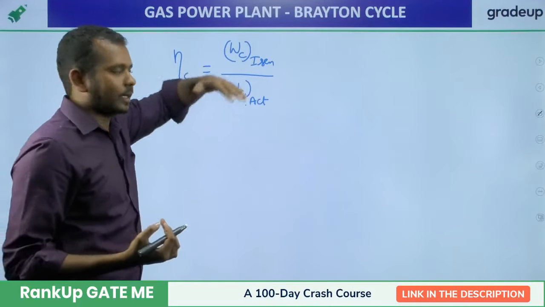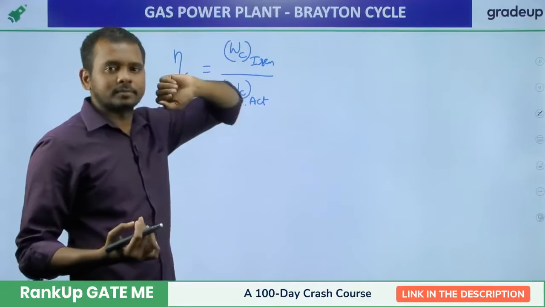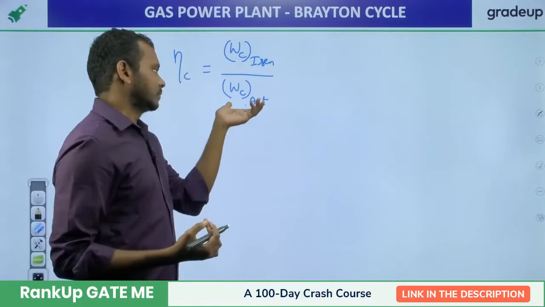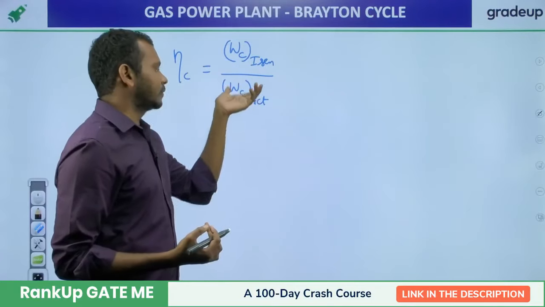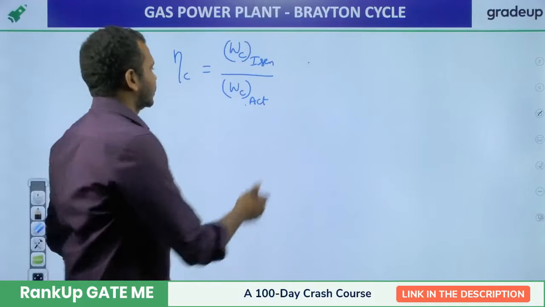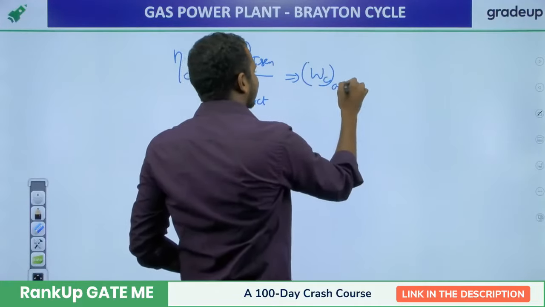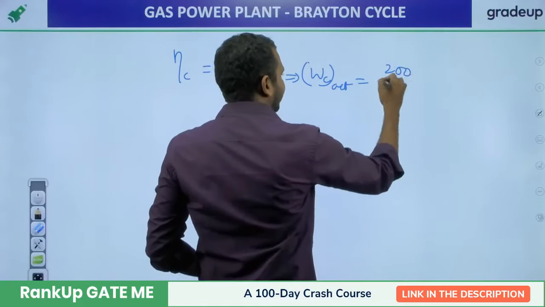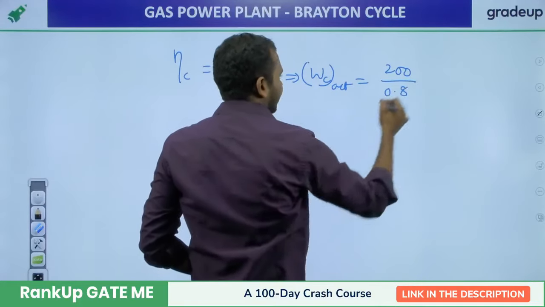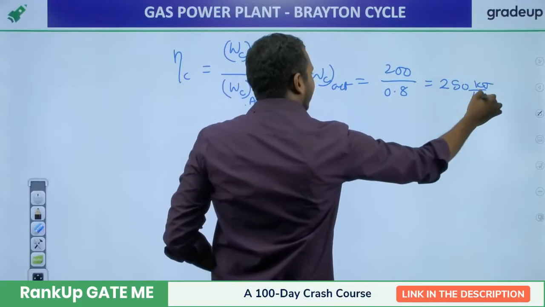In case of turbine, actual work will come in the numerator and isentropic work in the denominator. Okay, so here we can calculate the actual work of the compressor, that is 200 by, it is given that the compressor efficiency is 80%, therefore it is 250 kilojoule per kg.